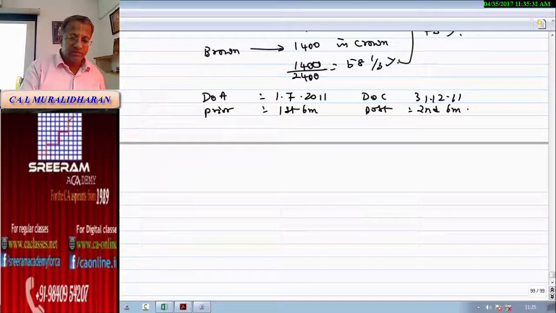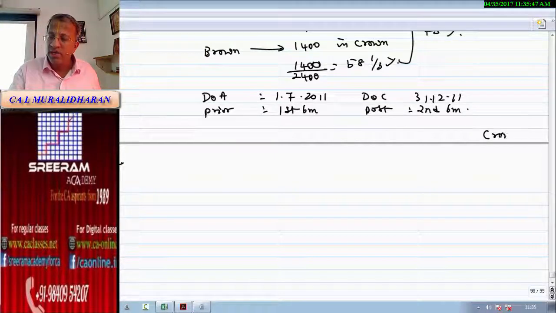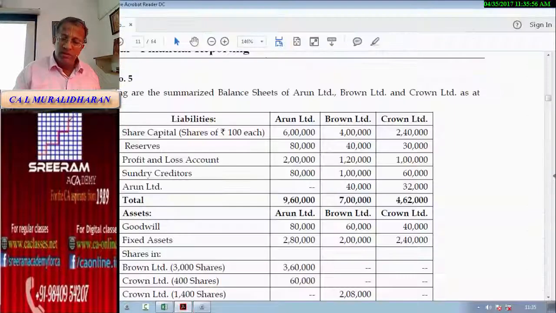Then classification. Say we have two items in reserves and surplus, and we normally take up the last subsidiary Crown for our analysis. Crown was having general reserve of 30,000.